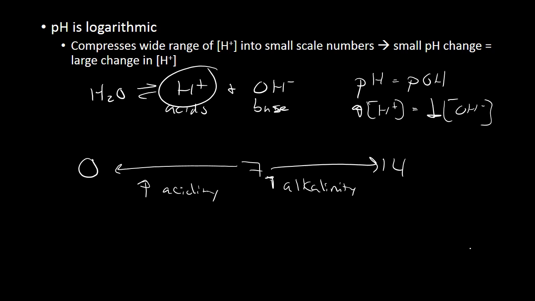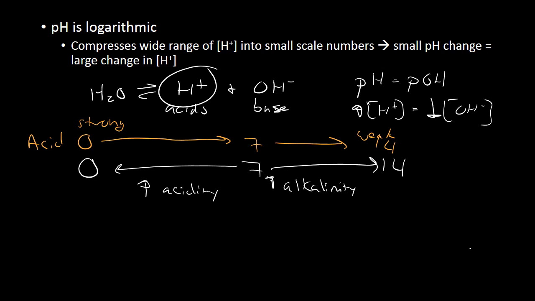But what you have to keep in mind is that scale has blended them because acids go from 0 to 7 to 14, strongest to weakest. Bases go from 14 to 7 to 0, as 0 is their strongest, 14 is their weakest.